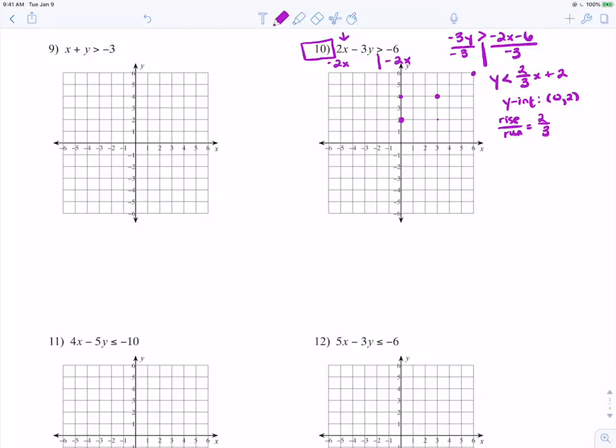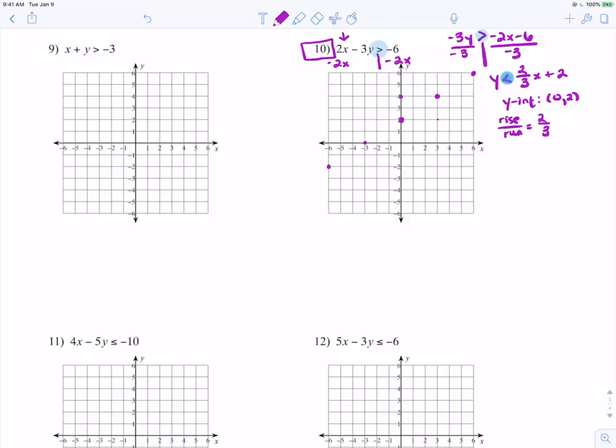I do that again in the positive direction, and I flip it in the negative to make as many points as possible. And then we connect them based on our inequality symbols, which in the end is less than.